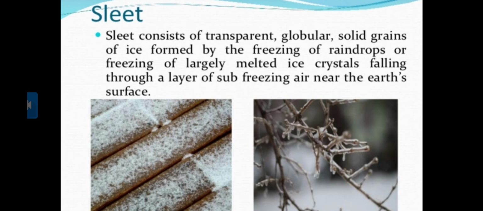Sleet is a type of precipitation. Actually, it is a mixture of rain and snow. It is frozen rain which forms when rain, while falling to the earth, passes through a layer of cold air mass and freezes. If you all see, every form of precipitation has its own formation.